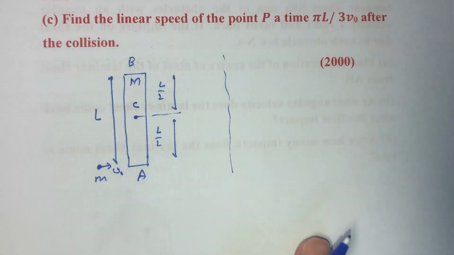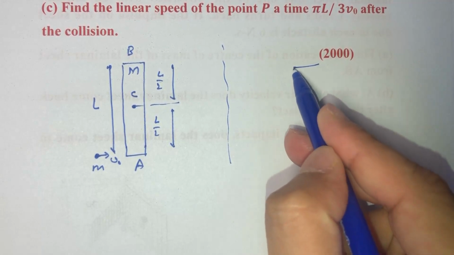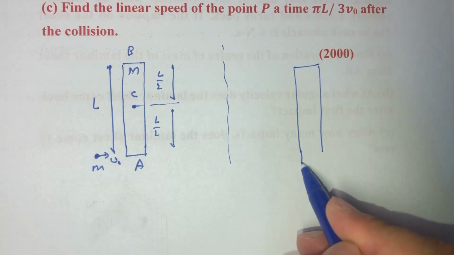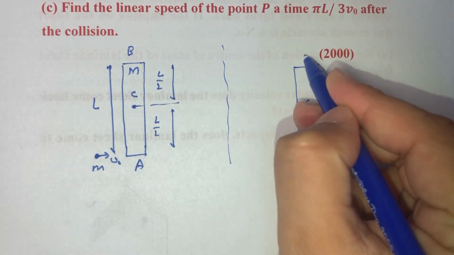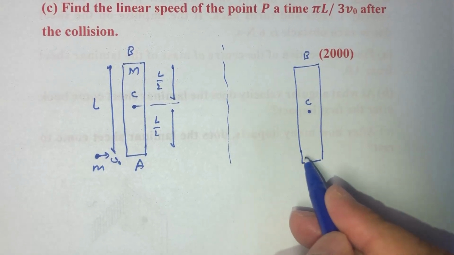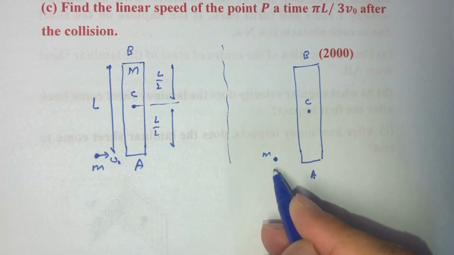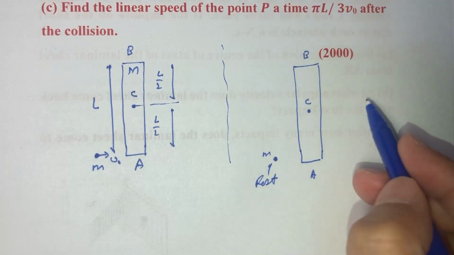So let us draw it. After collision, this is the center of mass, we have B, this is A, and this is our mass M, and the particle is at rest after the collision.